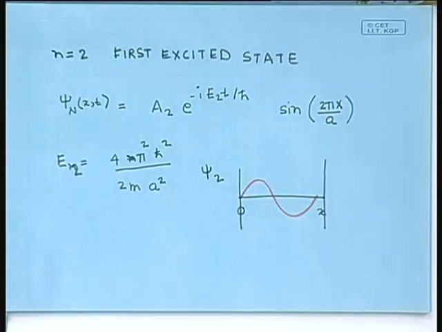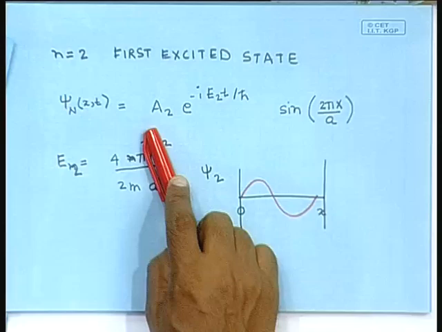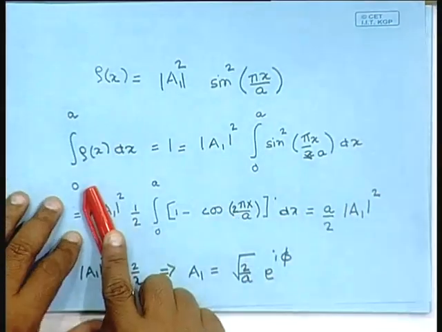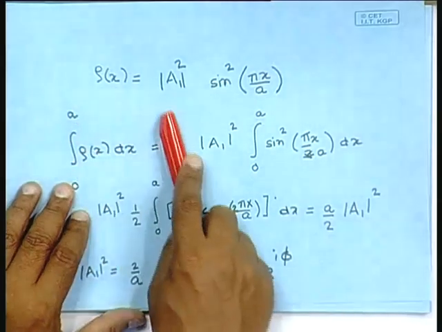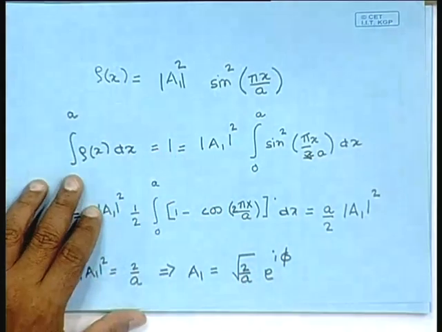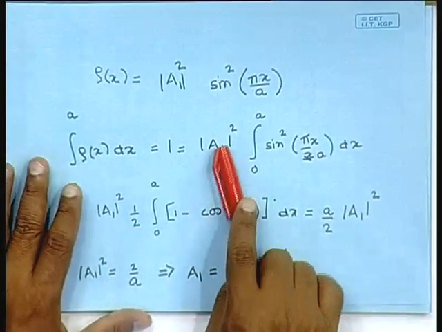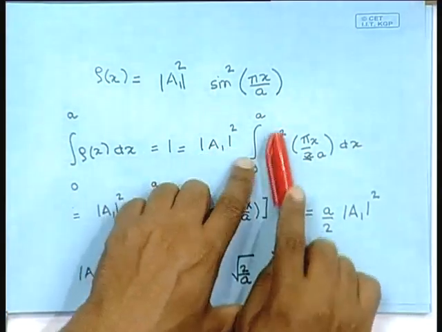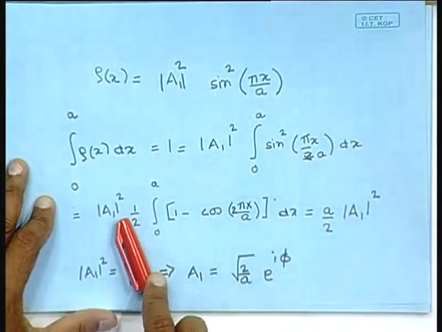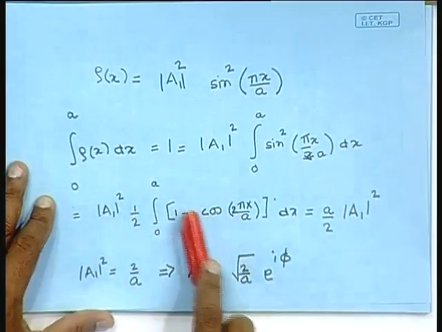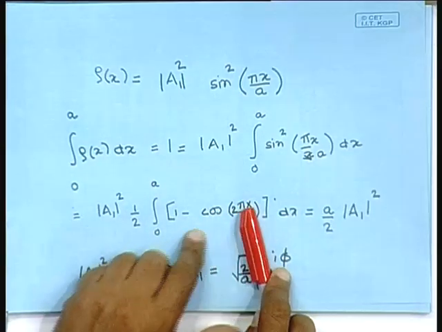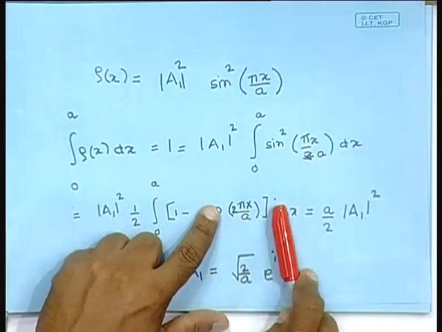And we have to determine this coefficient a2 by the requirement that the total probability of finding the particle somewhere inside should be 1. That's what we mean by normalization. And again we will have a2 now instead of a1 into sine square 2 pi x by a. Now again the sine square can be written as half 1 minus cos. Now there is going to be another factor of 2 here. Whether there is the factor of 2 or not, this integral is always going to be 0.